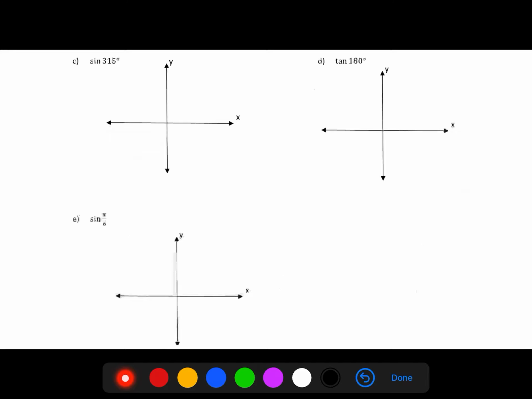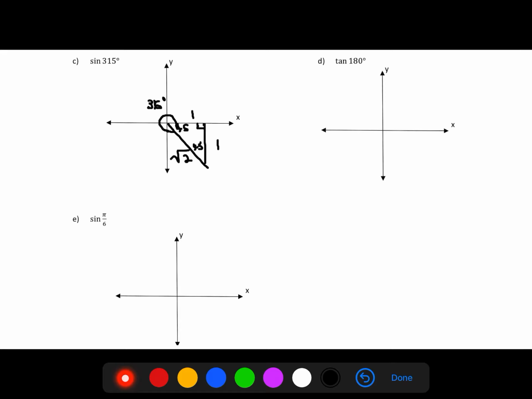Sine of 315. Again, drawing first of all in standard form, 90, 180, 270, and we have to go 45 past 270. So that's our 315-degree angle. Again, we're going to create our special triangle to the x-axis. Because we have 45, 45, we know it's going to be 1, 1, root 2.